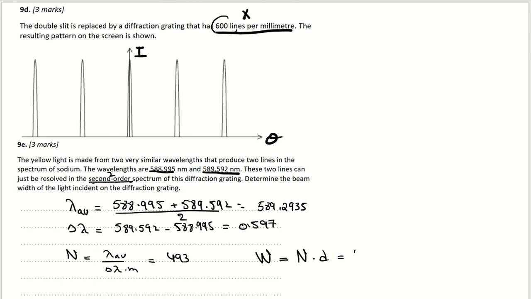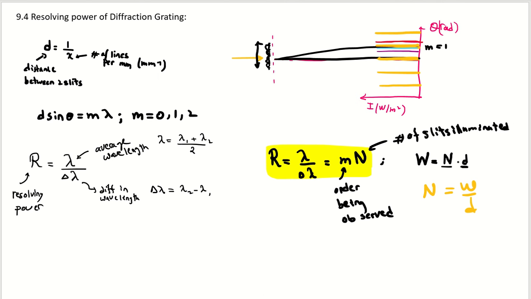So it's equal to 493 over 600. So the width of the beam will be 0.82 millimeters. I kept d in millimeters, so that's why the answer is in millimeters. You can convert it if you want. So that's it. This is the resolving power of the diffraction grating.